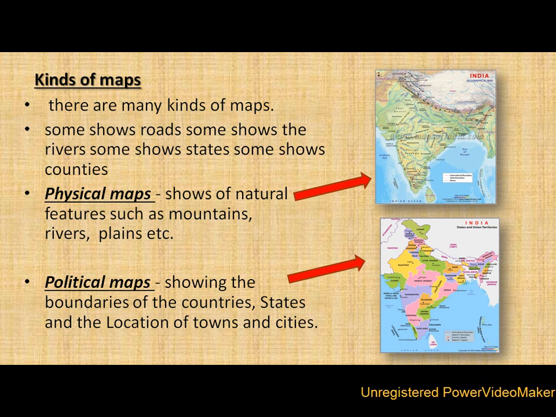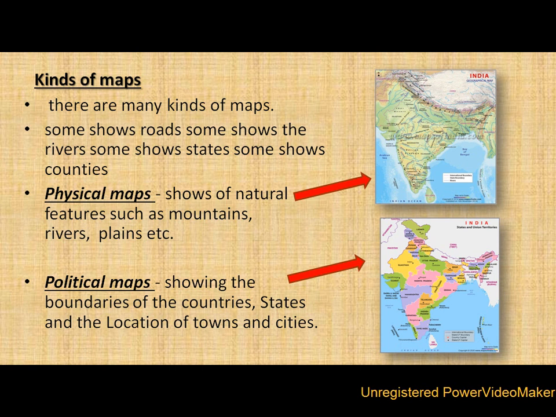The state names are also mentioned, and the boundaries of the islands, and everything is mentioned. So this map shows the boundaries of the country, state, and the location of the towns, cities. So we can say this map is a political map.